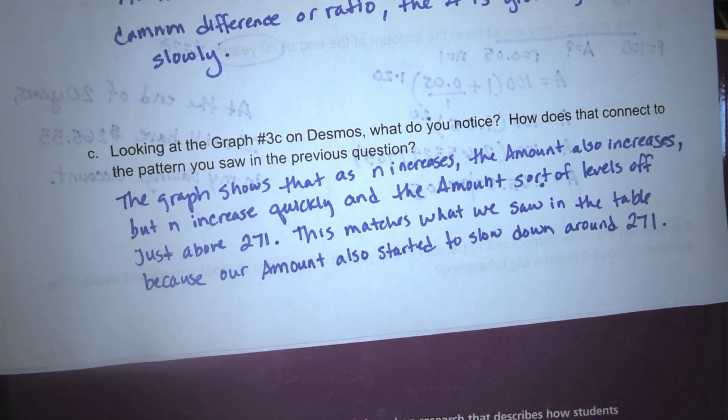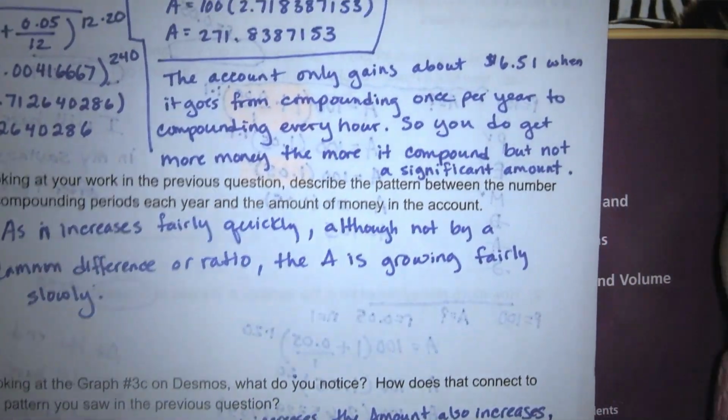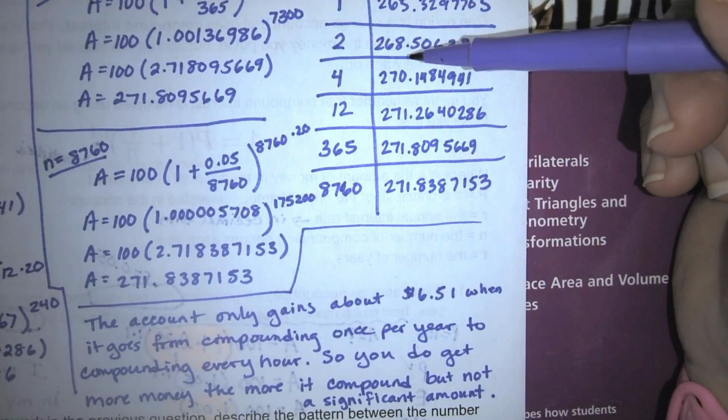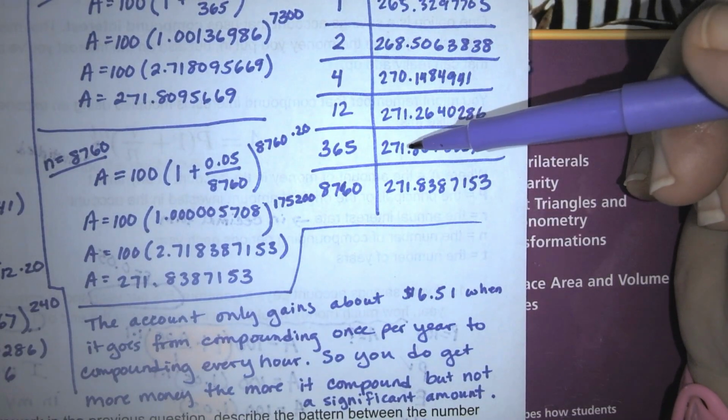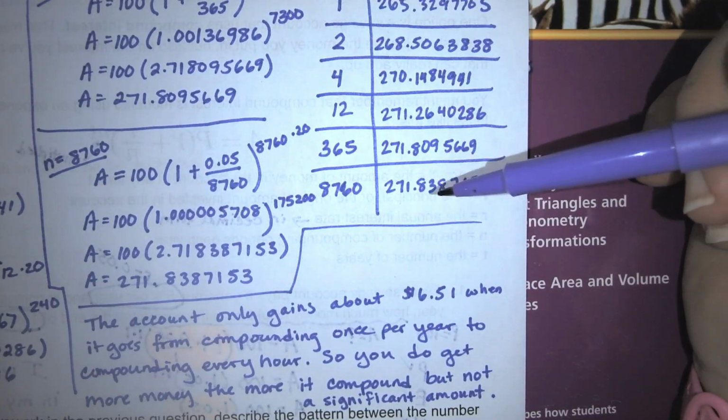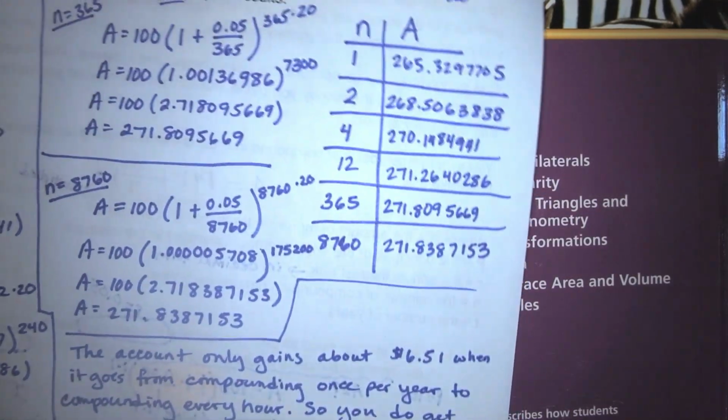And so actually, our graph was approaching that number, whatever is just above the 271. And our numbers here were also approaching. They started at 265, then 268, then 270, then 271, 271, 271, where only the cents were changing.